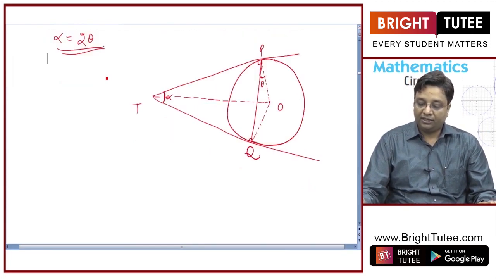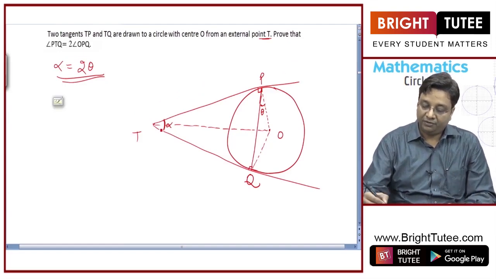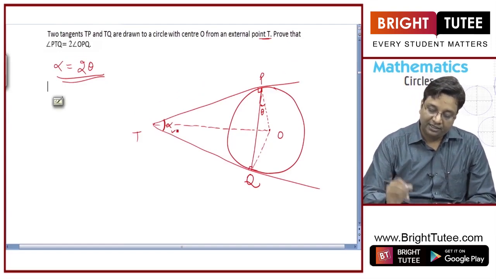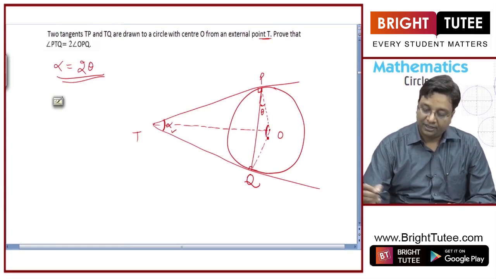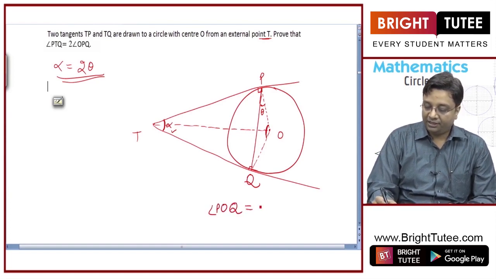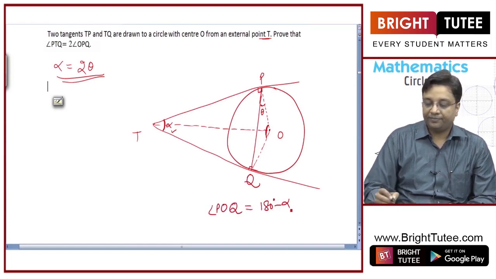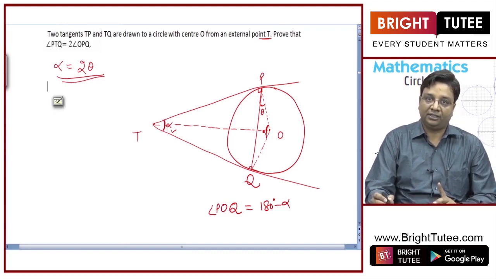This looks really simple. Why? Because we already know. Let's discuss it first, then we will write it. If this angle is alpha, then what is this angle here? Angle POQ is nothing but 180 minus alpha. Why? Because we know that these two angles are supplementary to each other.